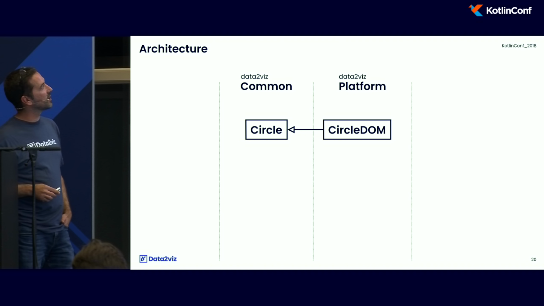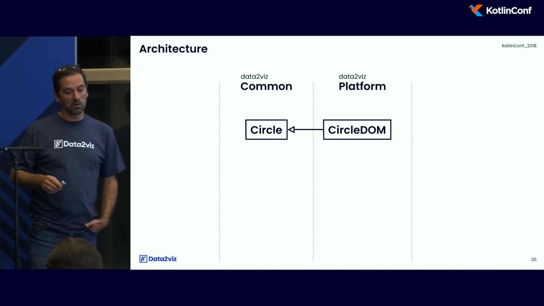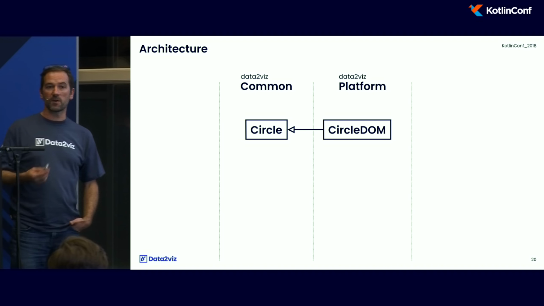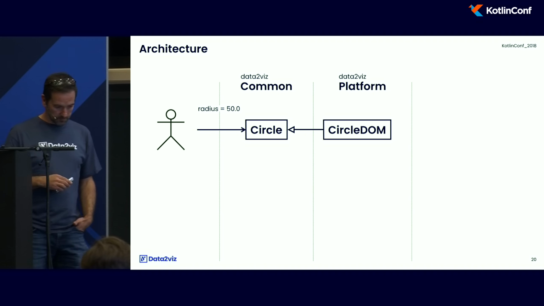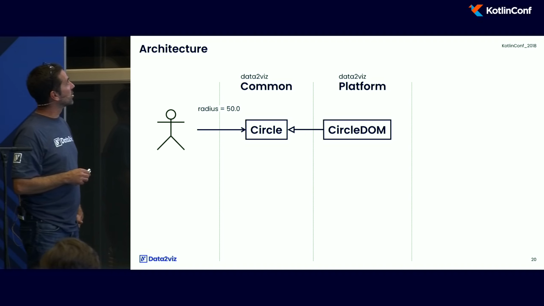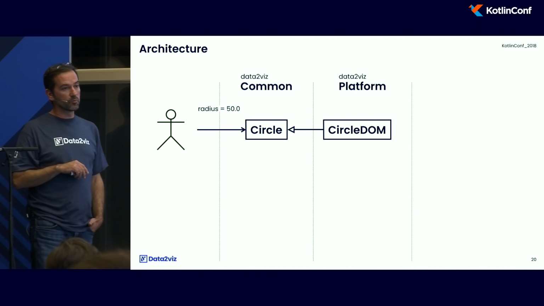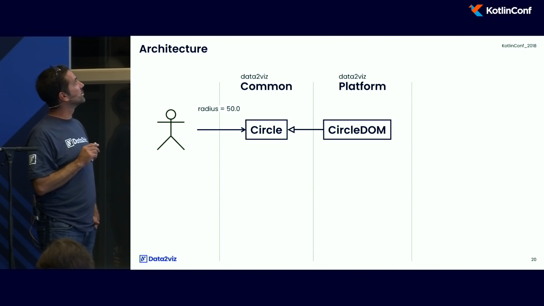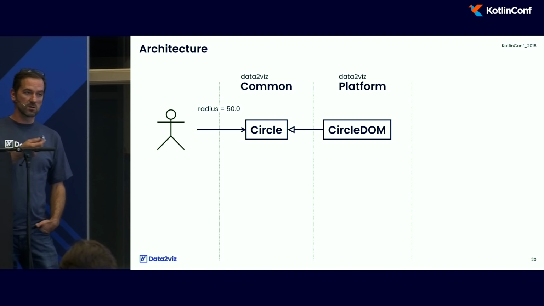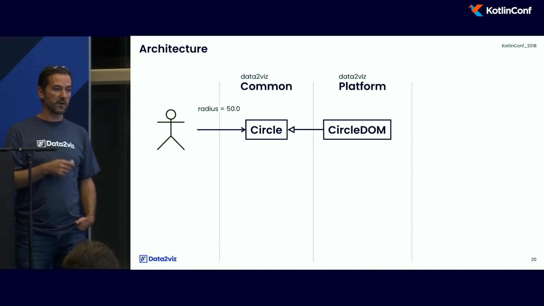and then we provided a circle DOM implementation for the JS version of the library. And so we didn't use the R attribute, but we used the radius, and now it's a property on the circle interface.